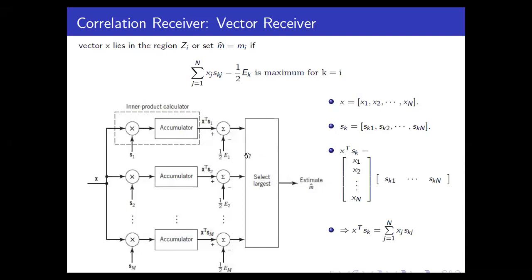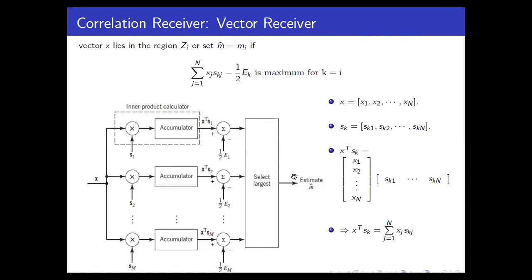The message for which the computed metric is large would be selected, and that particular message would be the transmitted message. But that would be decided by the receiver. So this is how the block diagram works: the correlation receiver as a vector receiver.